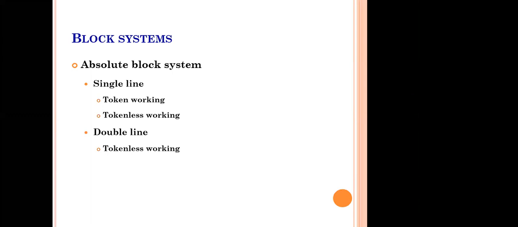To avoid that, we are using by default a tokenless working system, absolute block system, on double line. So absolute block system requires an authority to be issued to the driver by the station master who is sending the train to enter the block section, to ensure that the line is clear and reserved for him.